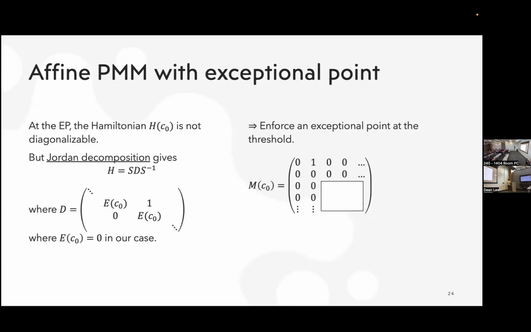So what we did was, there's something known about the exceptional point phenomenon. It is that at the exceptional points, the Hamiltonian is not diagonalizable. So you have to do something called Jordan decomposition. So when you do that, you get something like this with an off-diagonal element here. And these are zeros in our case. So what if we enforce our matrix model to take this form and let these parameters vary and keep these ones fixed?